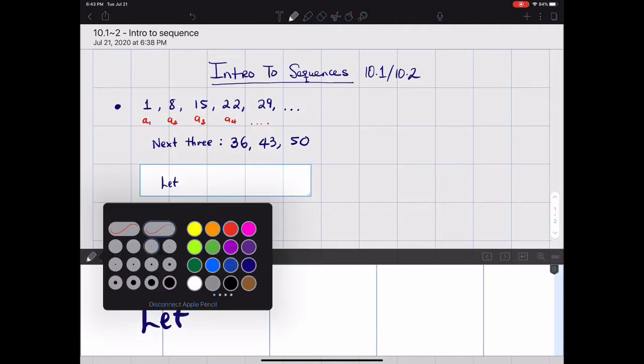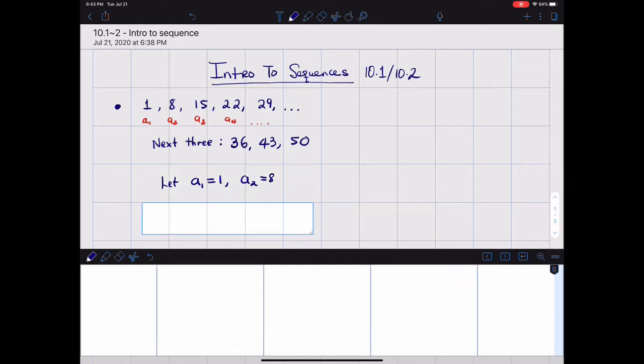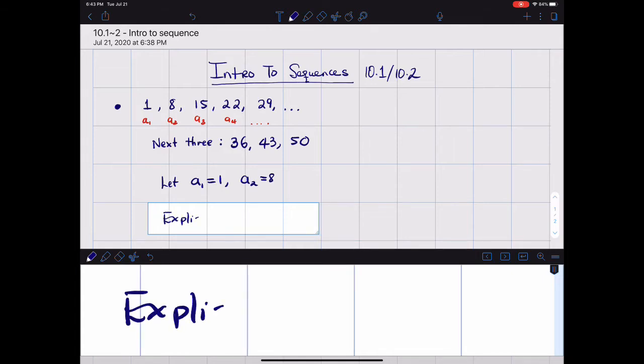So if we let A1 be 1, and we let A2 be 8, we can get a formula. We can get an explicit formula. So what do I mean by an explicit formula?